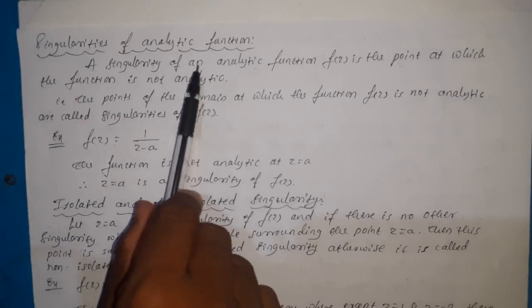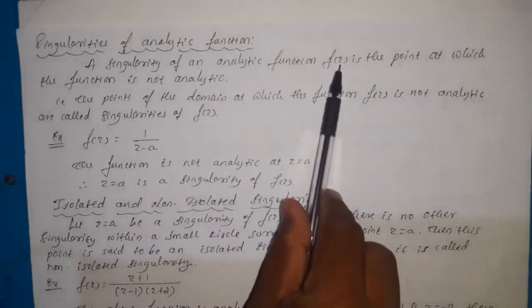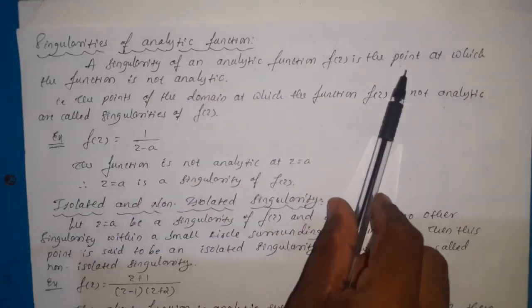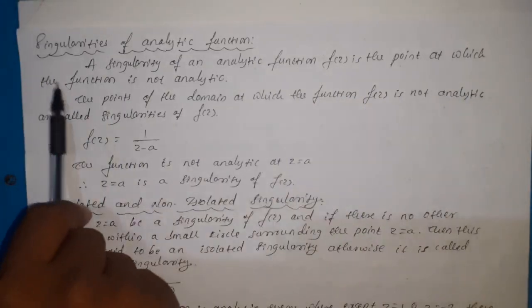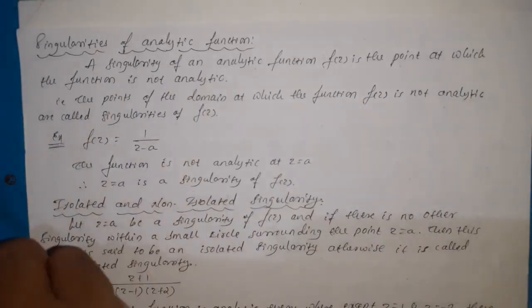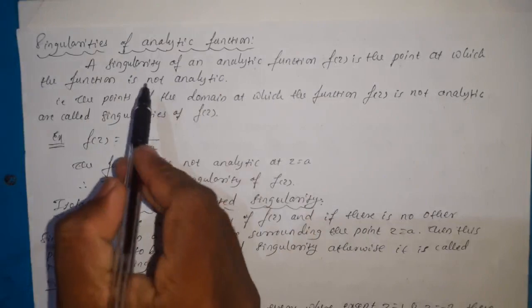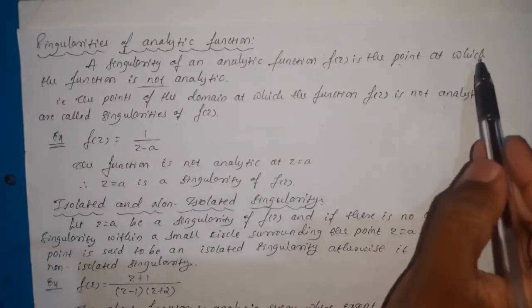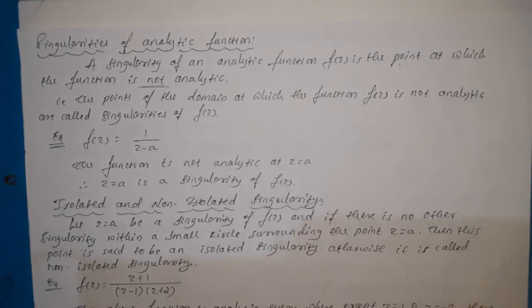A singularity of an analytic function f of z is the point at which the function is not analytic. Here this is very important. The point at which the function is not analytic means the point at which the function is not differentiable.